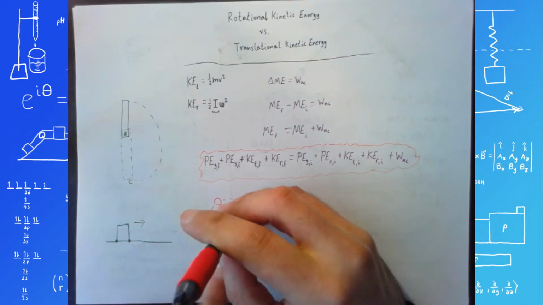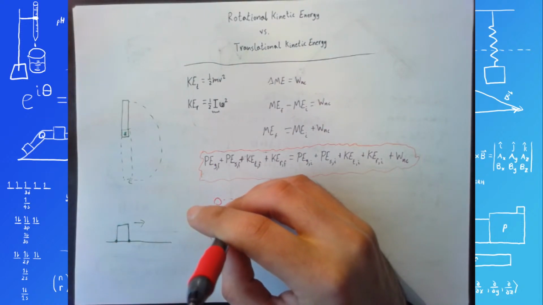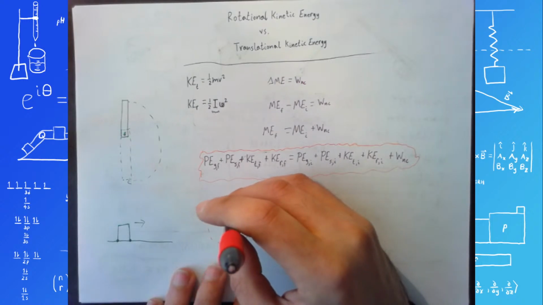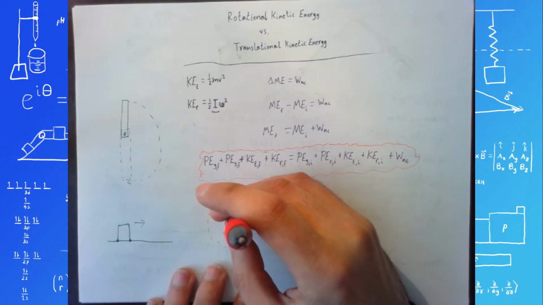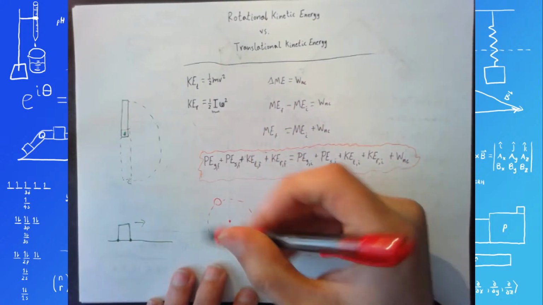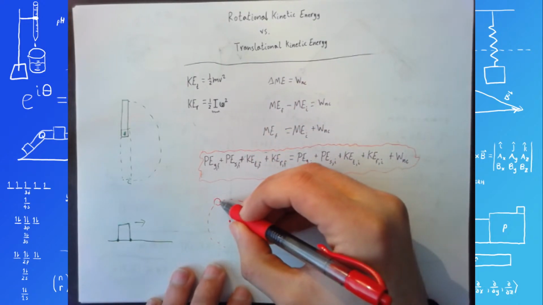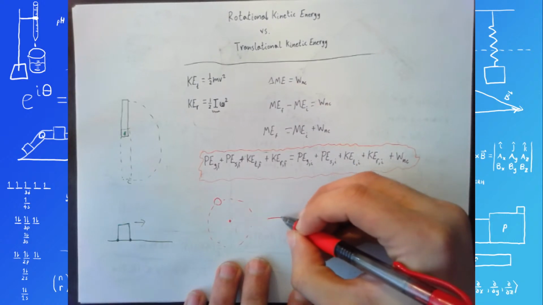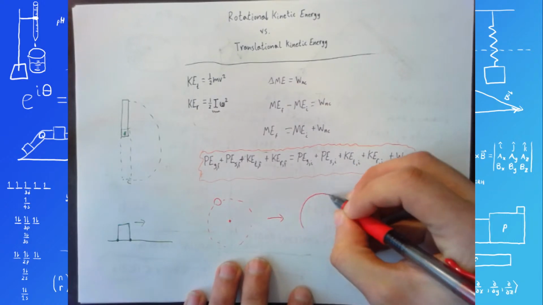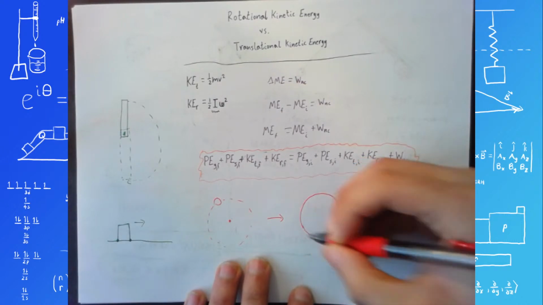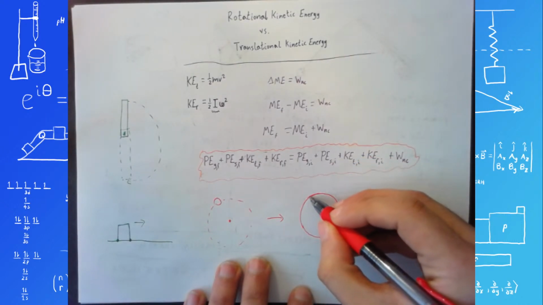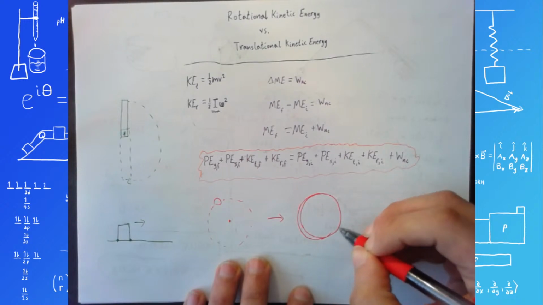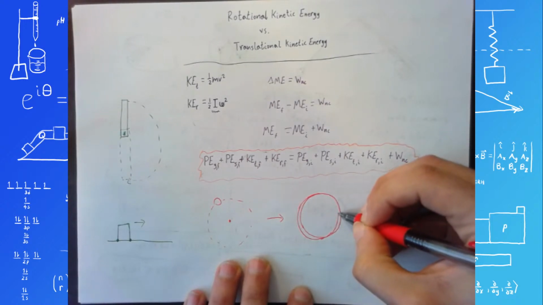You could identify an axis of rotation for this thing to be moving around. And you could say that this thing has rotational kinetic energy about that axis, because if you take this object and spread out its mass over this circle, then that's basically the same as a hoop or a ring spinning in place.